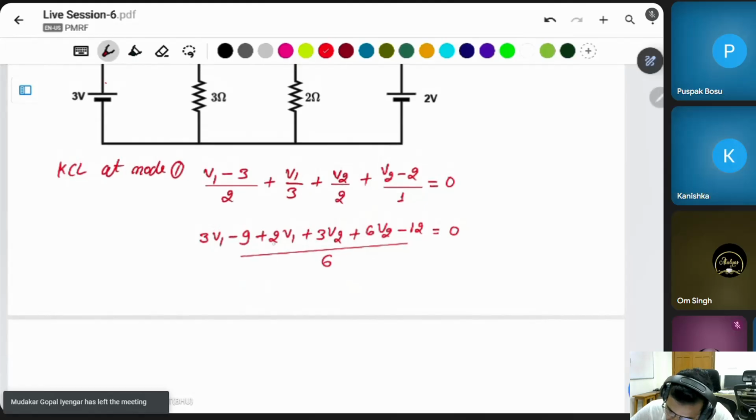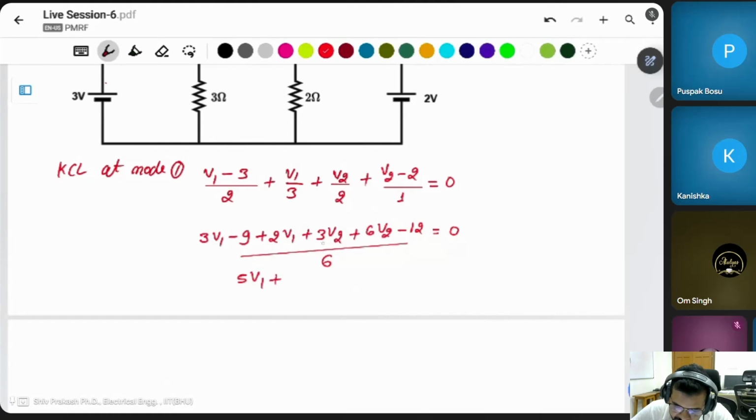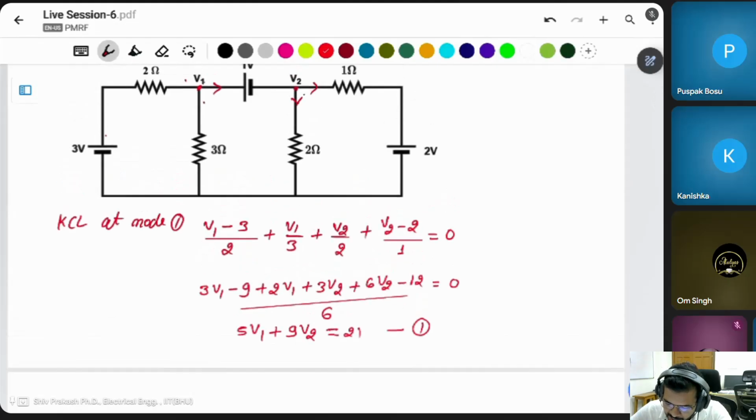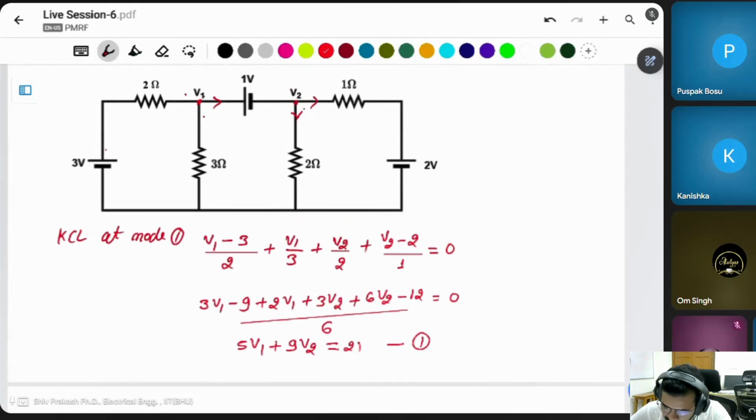This 3V1, 2V1 is equal to 5V1, plus 6 plus 3 is 9V2. The remaining part is 12 plus 9 is 21, minus 21. If it goes to the right side, it will be a positive 21. Equation number first: 5V1 plus 9V2 is equal to 21.